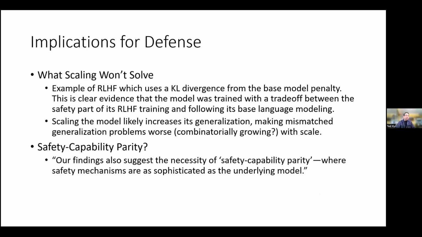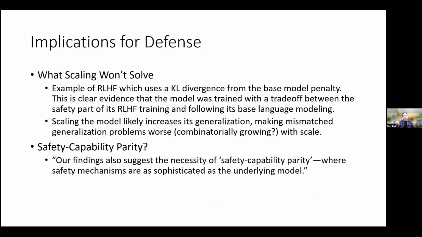So in terms of implications for defense, they say bigger models aren't going to solve things on their own. And there's this technical thing. If you know how RLHF training works today, there is this KL divergence penalty where we start with the model before safety training, and now we're going to do RLHF, and we won't allow the logits for next word prediction to differ too much.